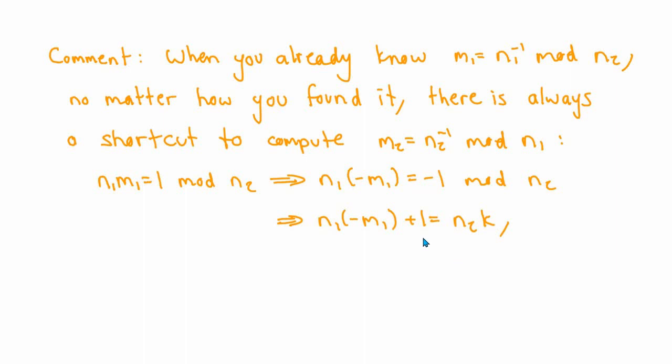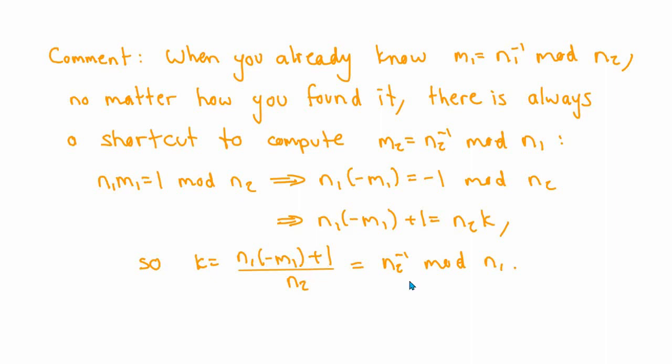But now the thing to notice about this equation is that if I think about it modulo n1, the first term on the left-hand side here disappears, and I'm just left with n2k equals 1 modulo n1. In other words, that integer k is an inverse of n2 modulo n1. But since I know all of the other integers n1, m1, and n2, I can solve directly for k, and I find that k is n1 times negative m1 plus 1 divided by n2.